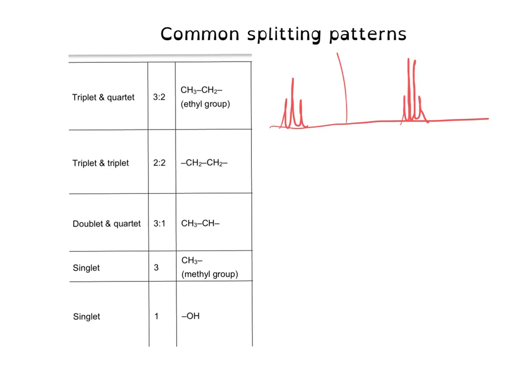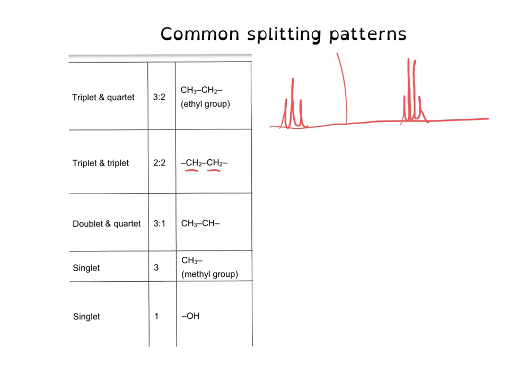This spectrum here contains a triplet and a quartet. They don't necessarily have to be next to each other on the spectrum. But if you have a triplet and a quartet, you have definitely got an ethyl group in your molecule. The presence of two triplets indicates that you've got a CH2, a methylene group, next to a methylene group.